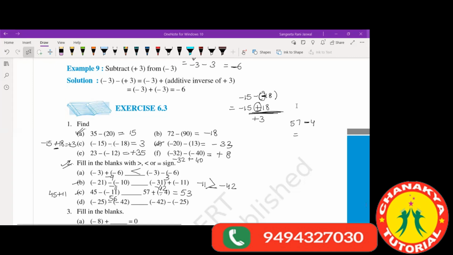Yes, hurry up, tell me. I've written the answer also. Don't take so much time. You quickly tell me the answer. 57 minus 4 is how much? Ma'am, 1 minute. Ma'am, 53. So now which number is greater here? One side you have 56 and other side you have 53. Ma'am, 56.